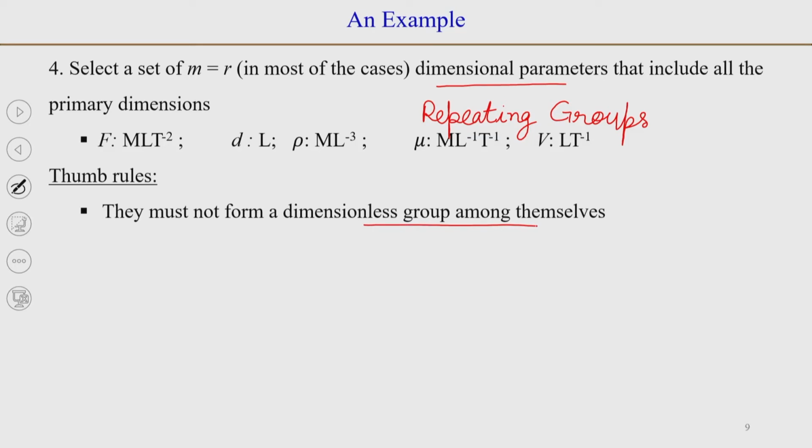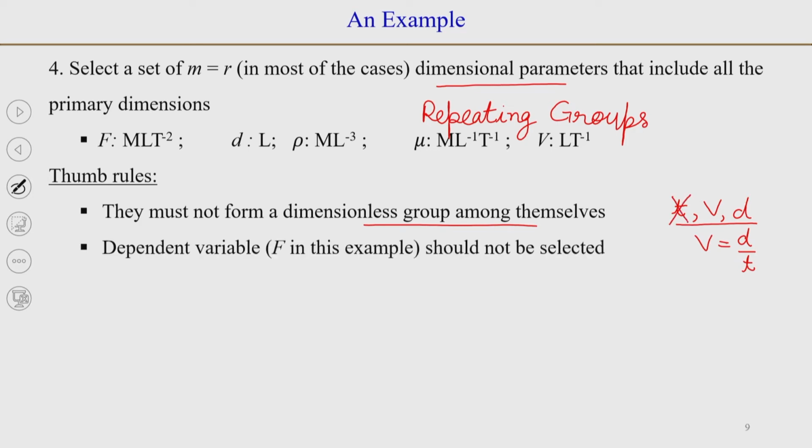So, for example, if you choose time, velocity and length d, you can see from here that V is equal to d over t. So, only 2 of these should be selected, you should not choose all 3 of them. So, let us say you choose V and D.